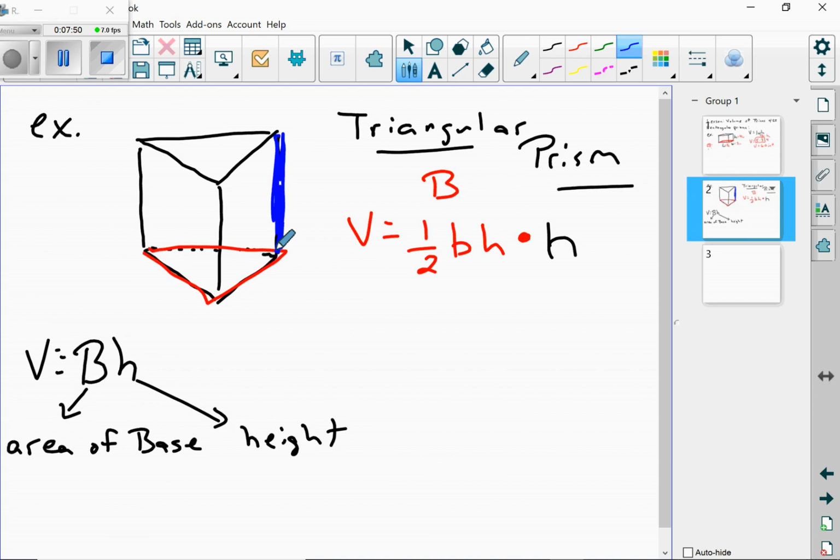So I'm going to put some numbers here, see if we can find the right numbers to use for this formula. I'll go back to black here. So I'm going to try to make this a little bit easier. I'm going to do everything on the bottom triangle, which makes it harder for me, but it's going to make it easier for you. So let's say that that bottom triangle has a dotted line here, which is a height.